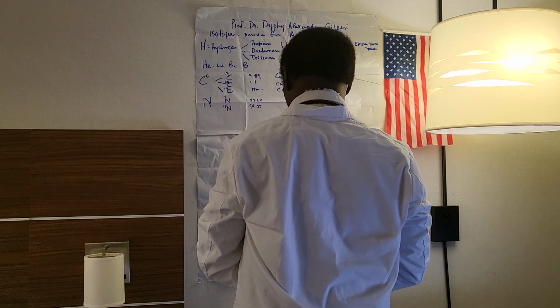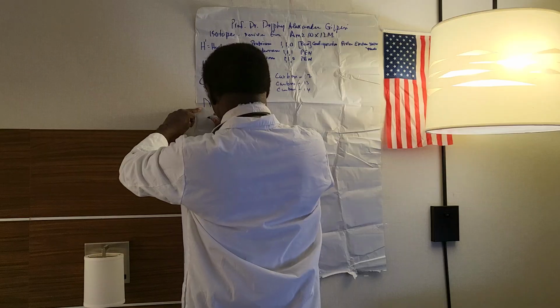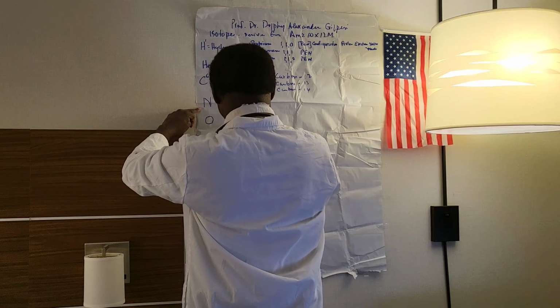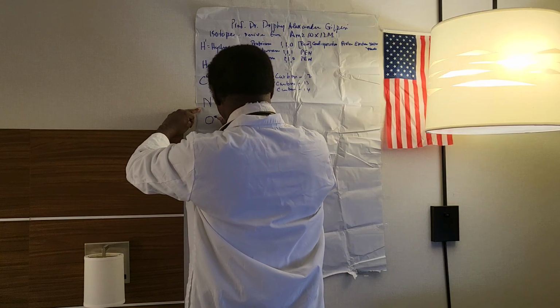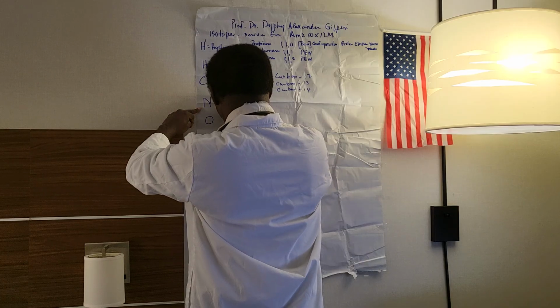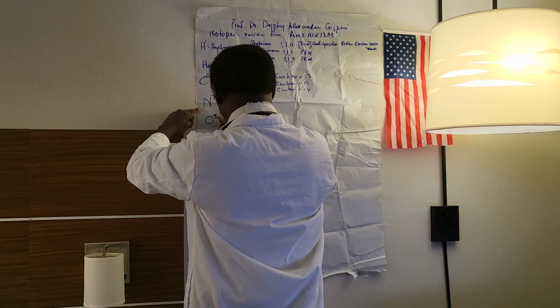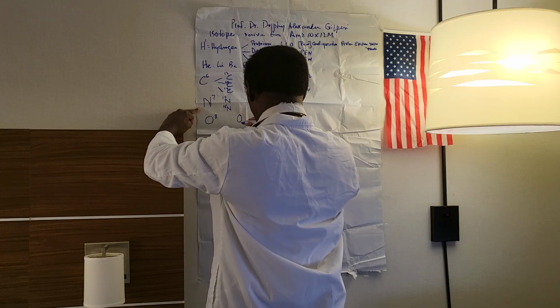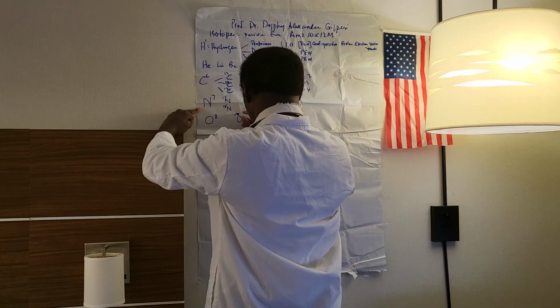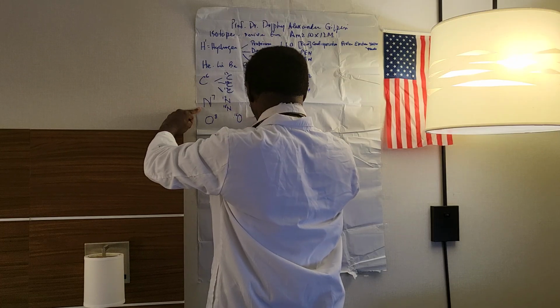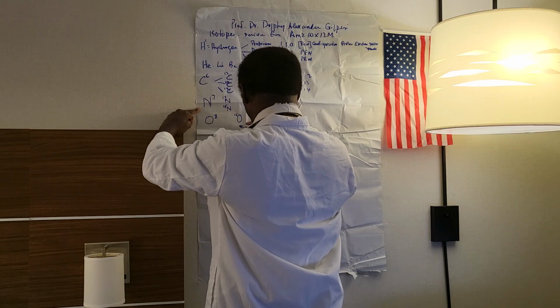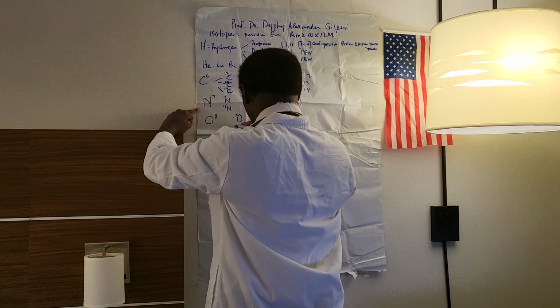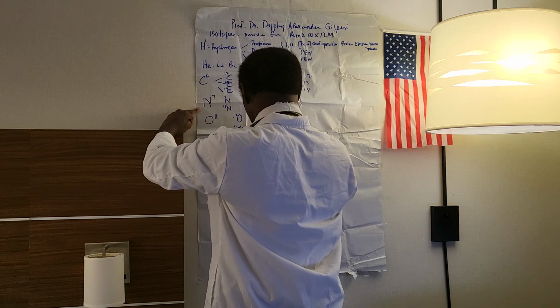Next we come on to oxygen, atomic number 8. And we have isotopes of oxygen: O-16, O-17, and O-18.